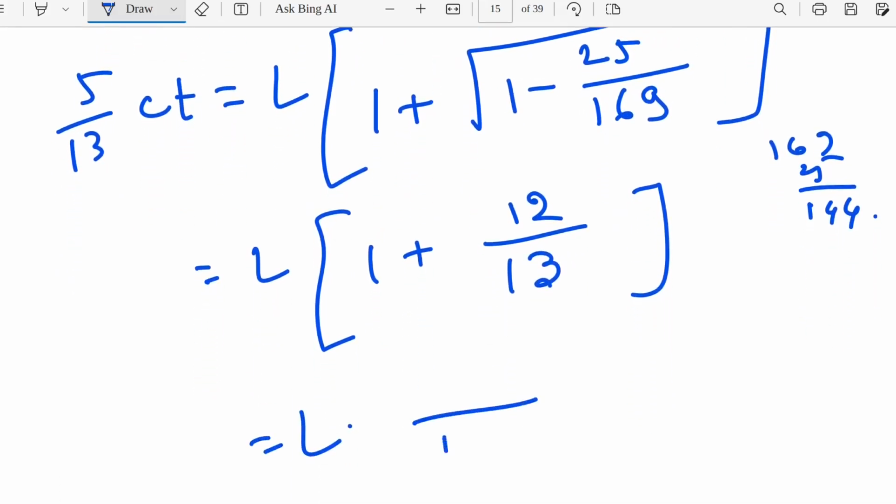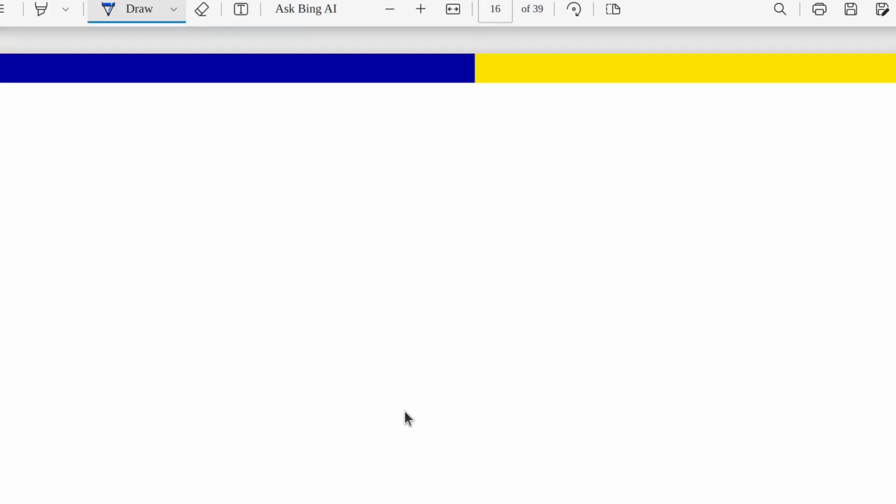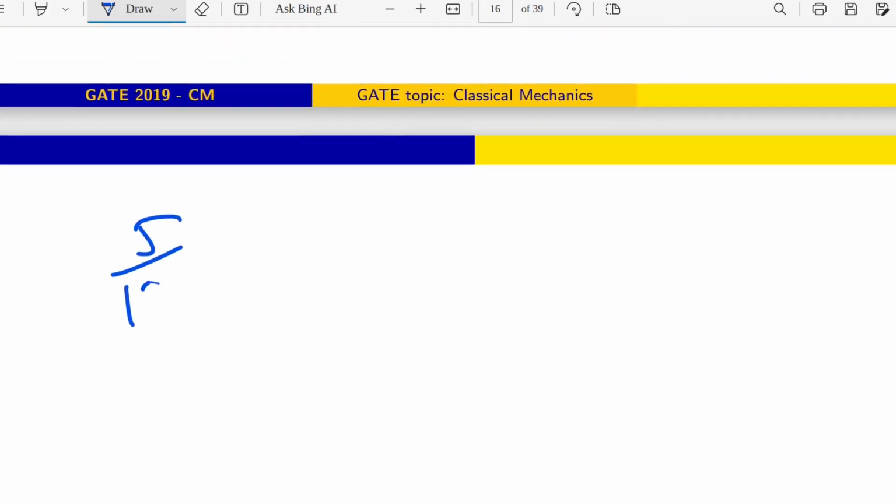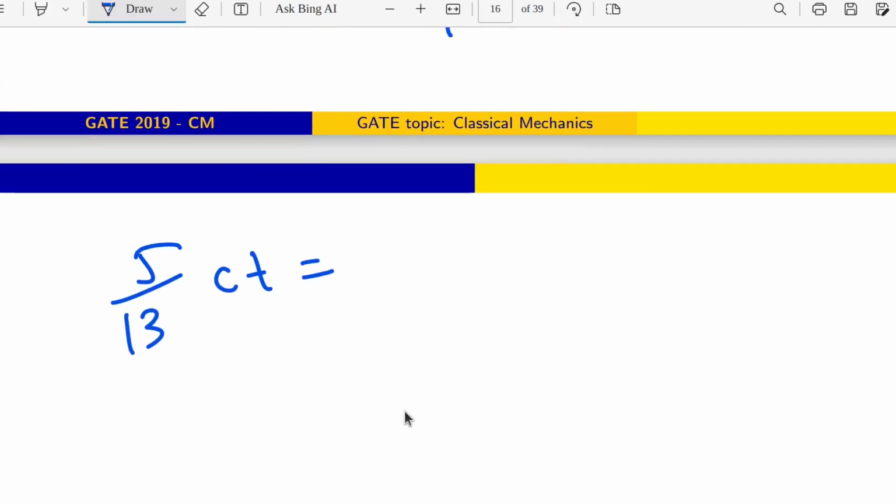So it will be 13 plus 12, which is 25 over 13. So 5 by 13 into C into T equals L into 25 by 13.